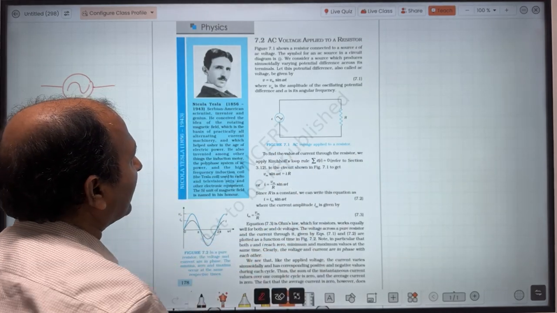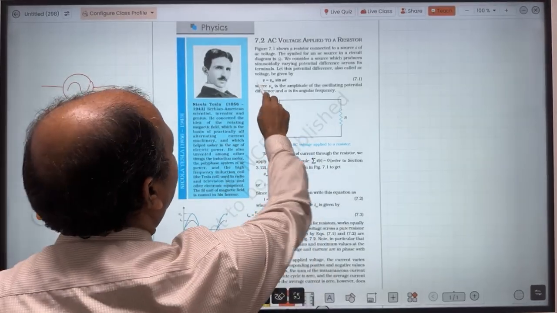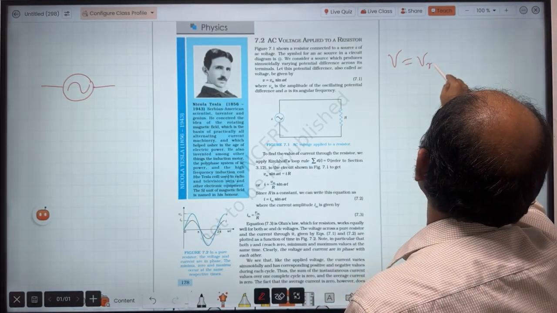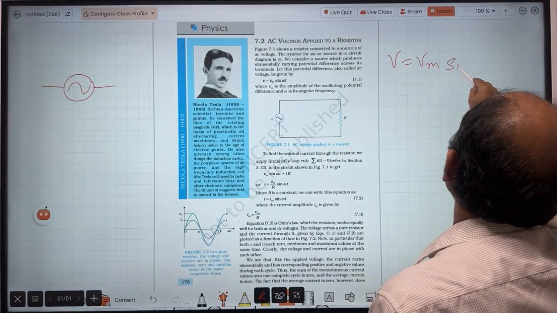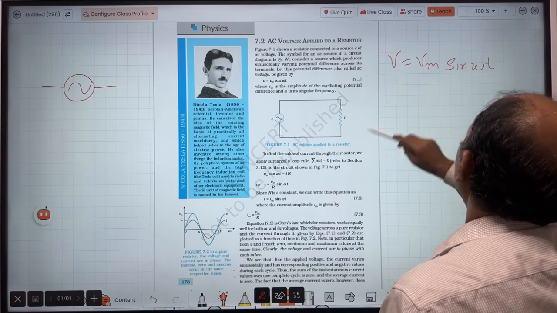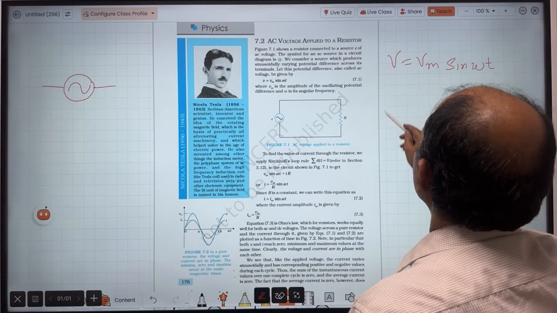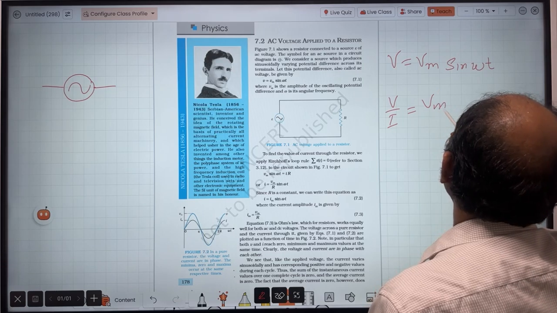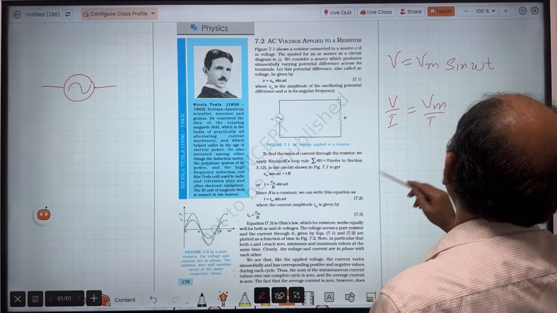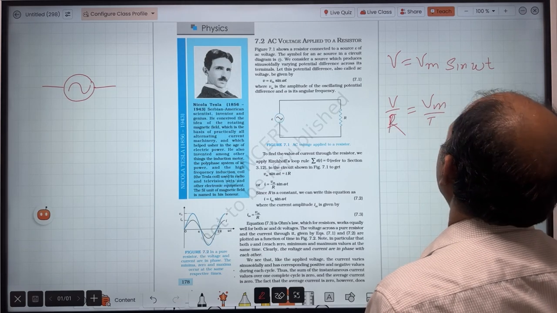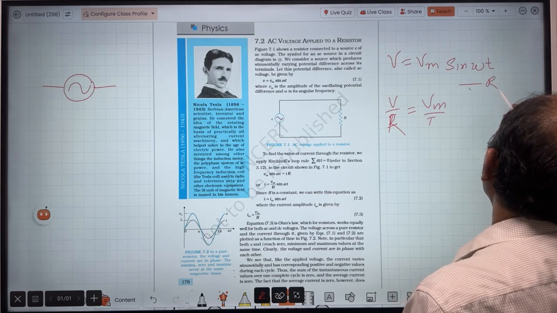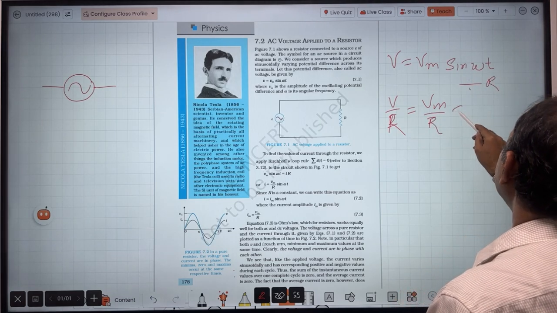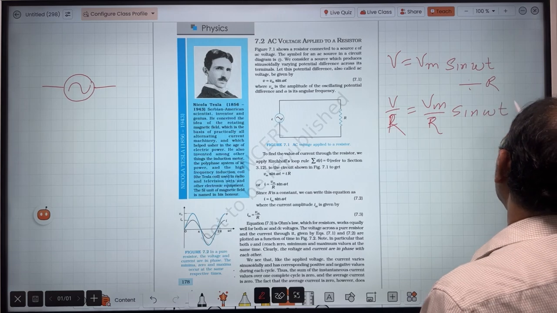So what happens? Voltage will be V equal to V0 or Vm, both mean the same thing, the maximum value, sine omega t. And here if we divide by resistance, we get V upon R equal to Vm upon R sine omega t.